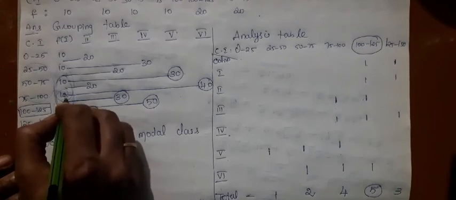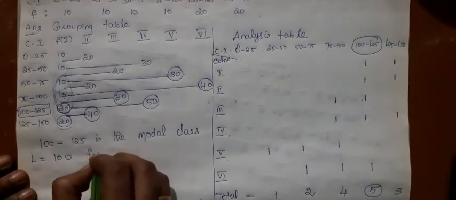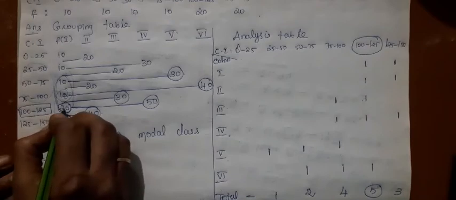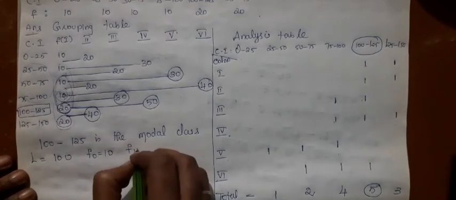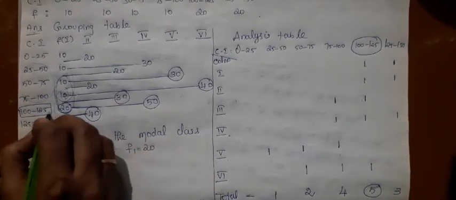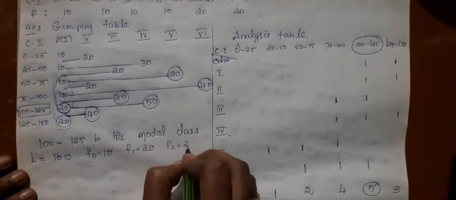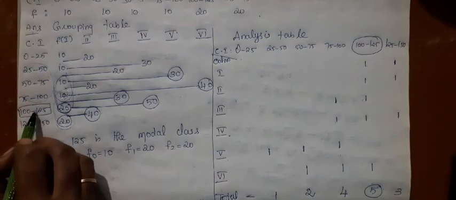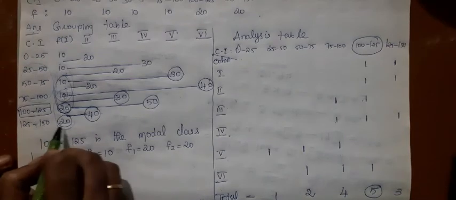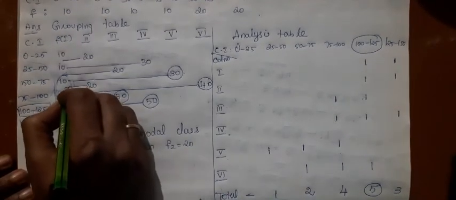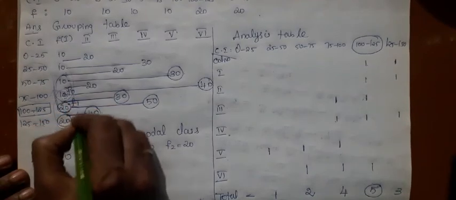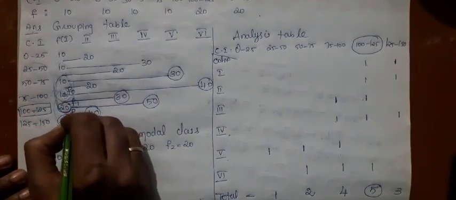The frequency of the modal class is 20. The frequency of the post-modal class is 20. The frequency of the class succeeding the modal class is F2. So this is F0, this is F1, and this is F2.